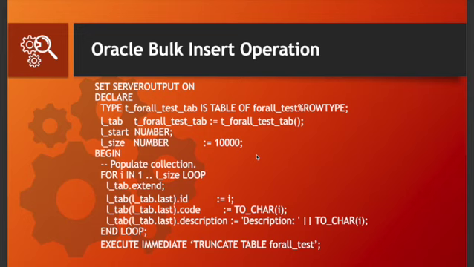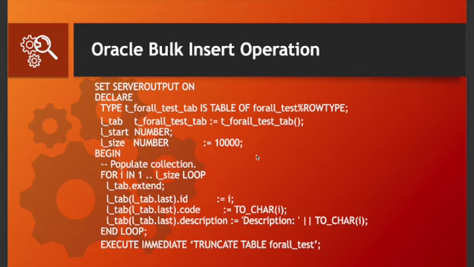Now the VALUES clause of the bulk operation does not reference the individual elements of the collection. The syntax was introduced in the Oracle 9i release to allow bulk operations to use record structures. This script is split into 4 main sections.